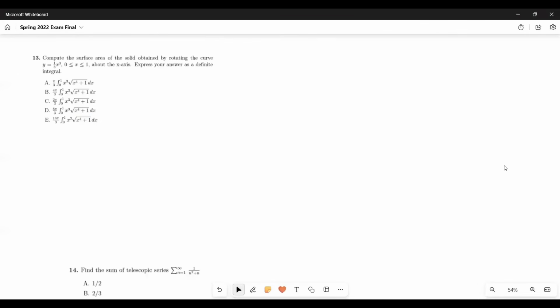Okay, this question asks to compute the surface area of the solid of revolution formed by rotating the curve y equals 1 over 3 x cubed about the x-axis. The surface area around the x-axis is the integral of 2 pi f of x times the square root of 1 plus f prime of x squared dx.